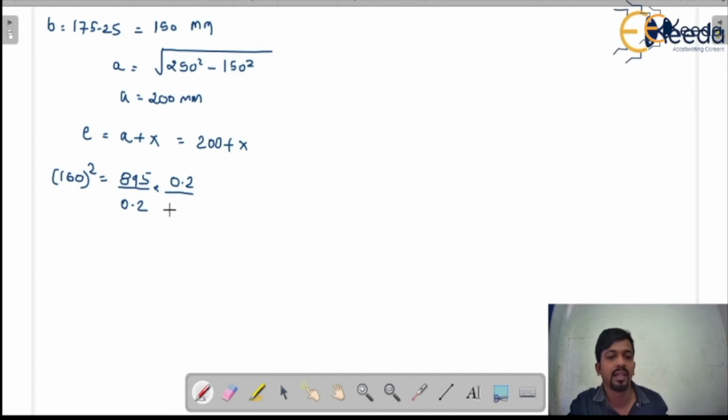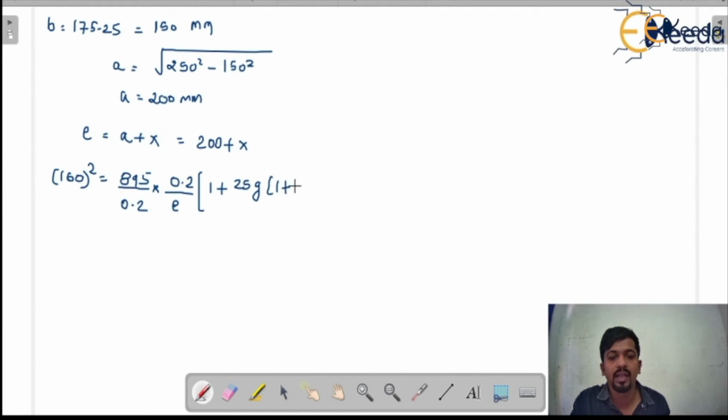You can either write E or write it as 200 plus X, that means 0.2 plus X. We will put the value of E here, then convert into X, but I am directly putting E here. Then 1 plus capital M upon 25 G, into 1 plus K.